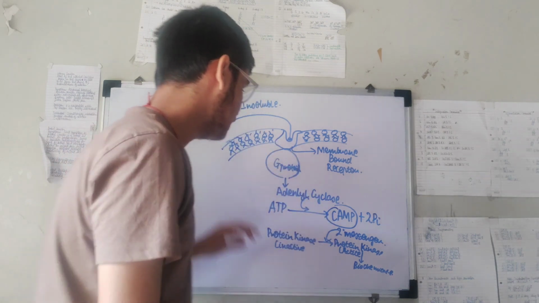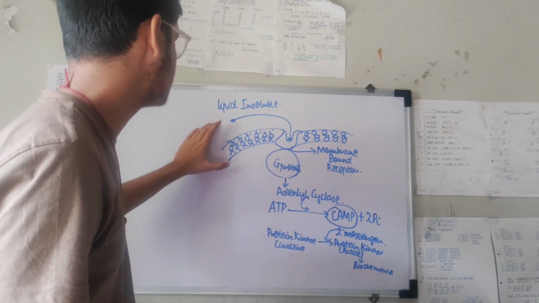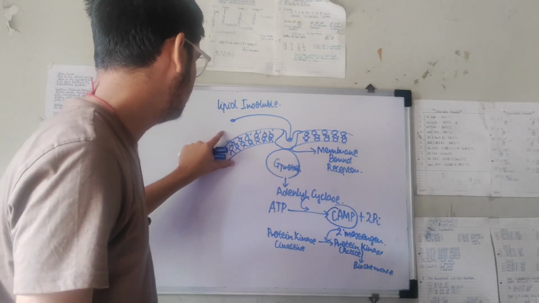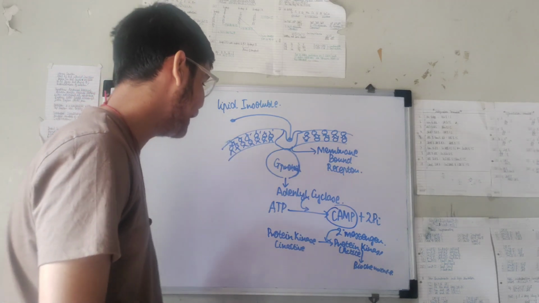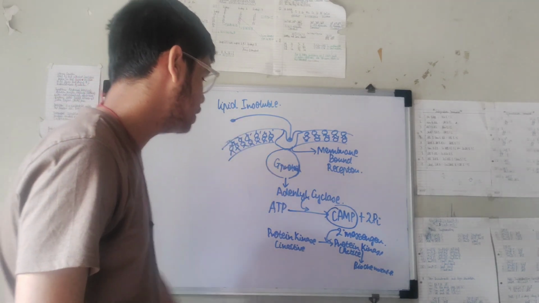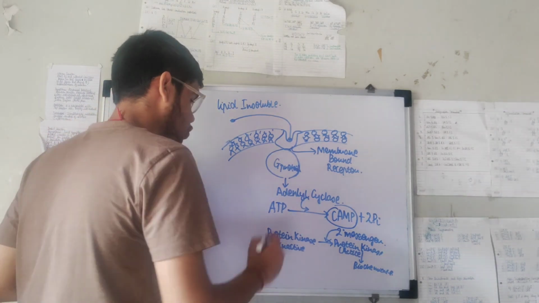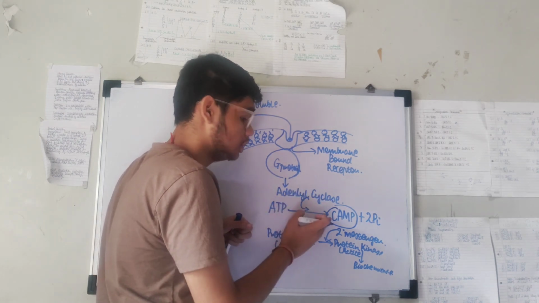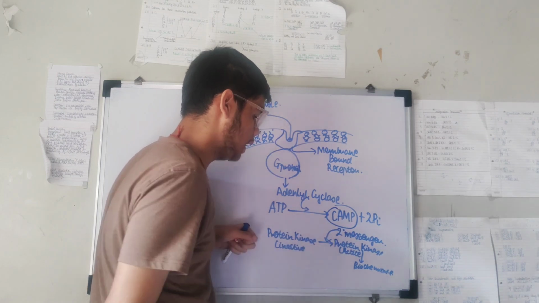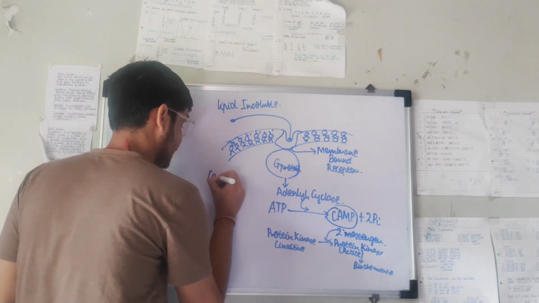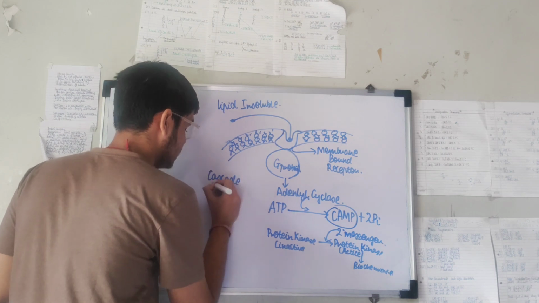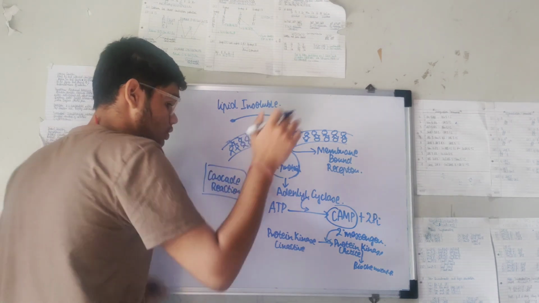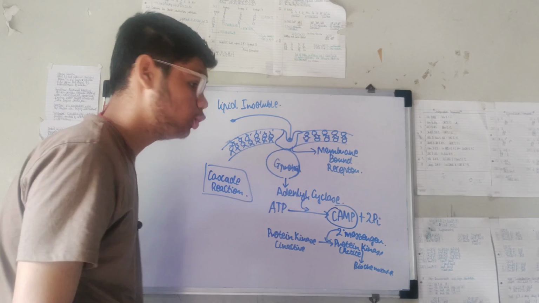So there is a need for secondary messengers, as the lipid insoluble hormone cannot directly enter the lipid bilayer or the cell. Thereby it follows certain steps. You can see that these steps are in series: adenyl cyclase, then cyclic AMP, then protein kinase. So we can call it a cascade reaction. Cascade reaction means, as in a waterfall, there are levels, and the reaction is carried out in levels.